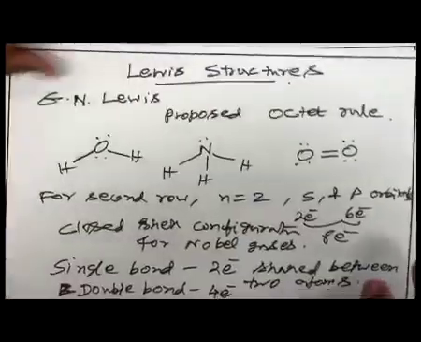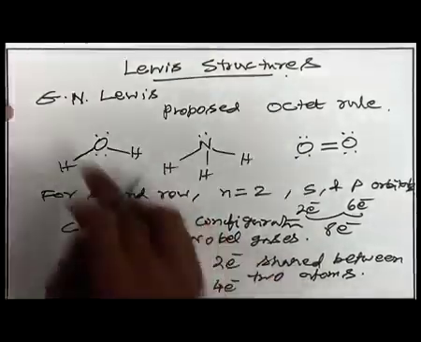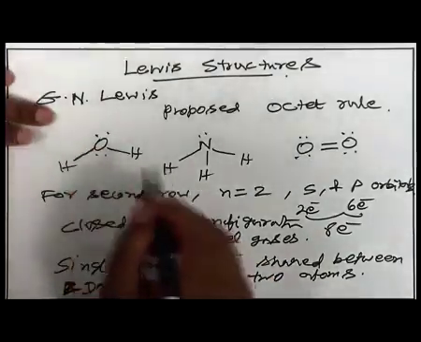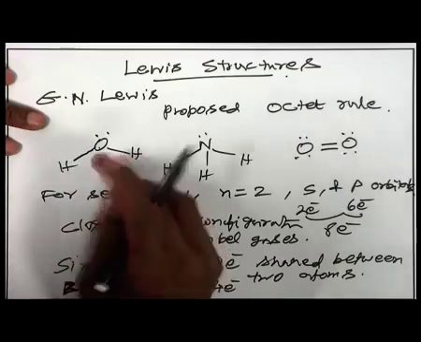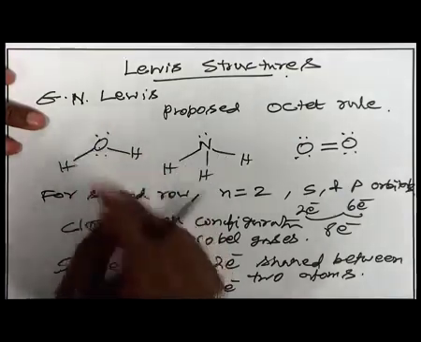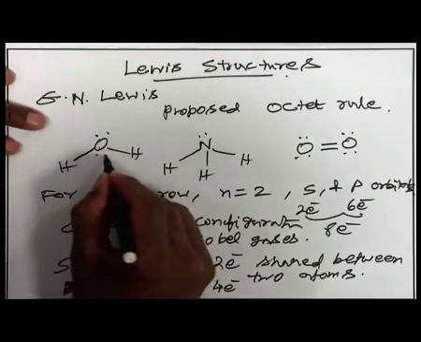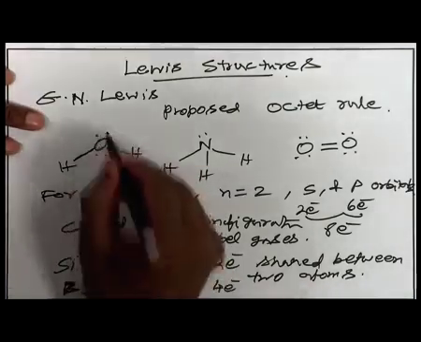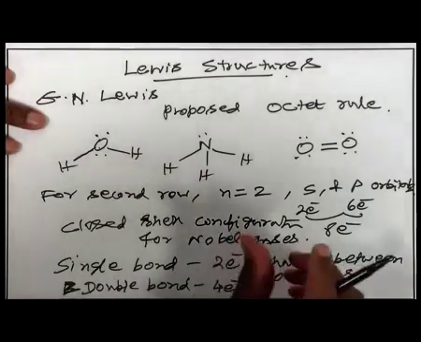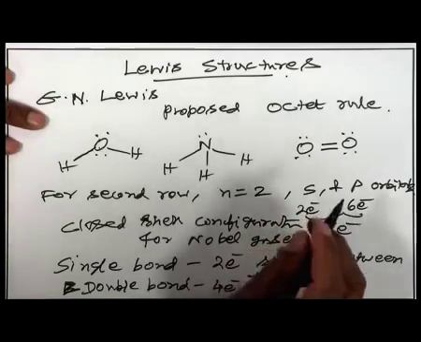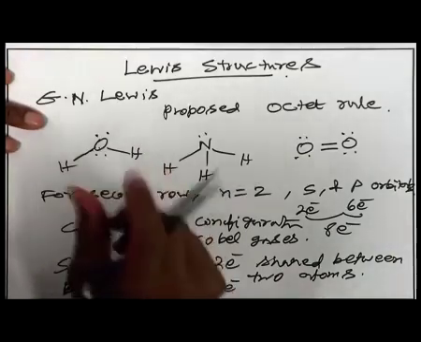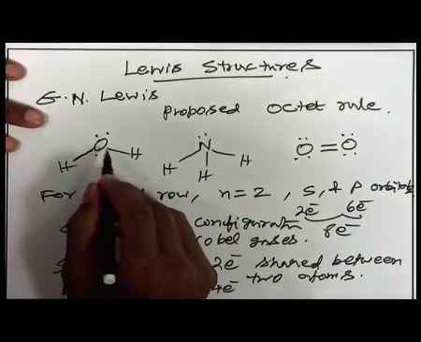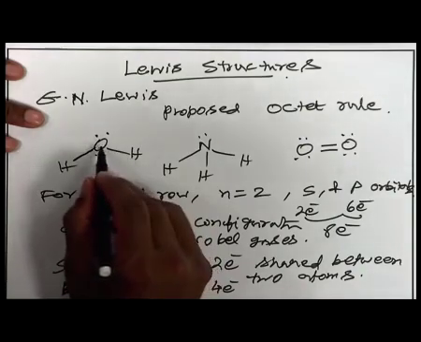So, when he looked at the number of electrons around each atom, he found that it is 8. There is a single bond between the oxygen atom and a hydrogen atom, so that means 2 electrons. In addition, there are these two lone pairs. An unshared pair of electrons on an atom is called a lone pair. There are 2 lone pairs on this oxygen atom, and there is another single bond between this oxygen atom and the other hydrogen atom.